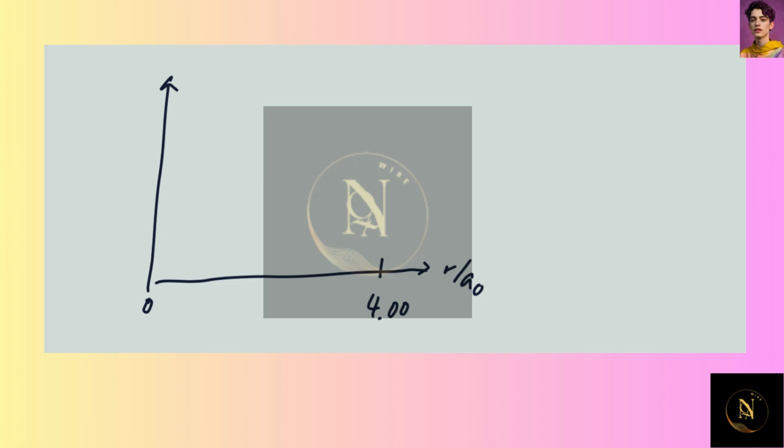So substitute r over a0 as 0.25 into the equation and find the probability. I'm going to give you a rough graph, but you should be able to do it quite easily. Just substitute values inside to find the probability.